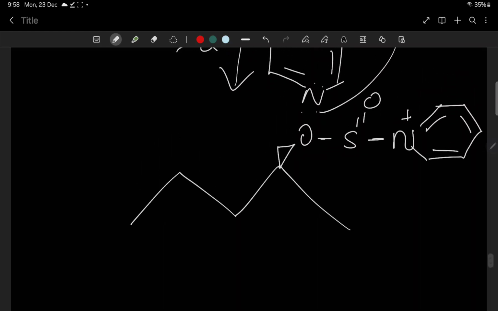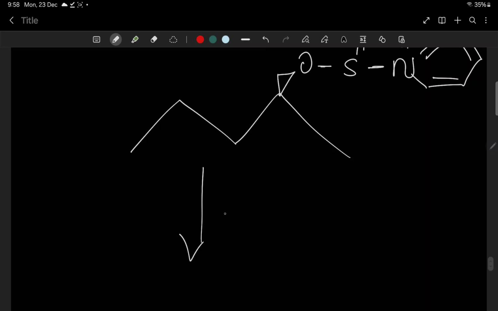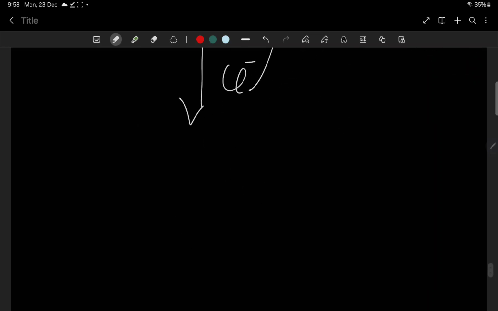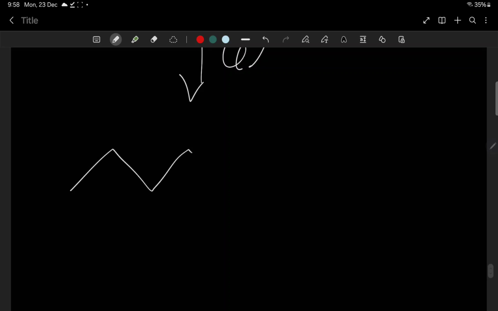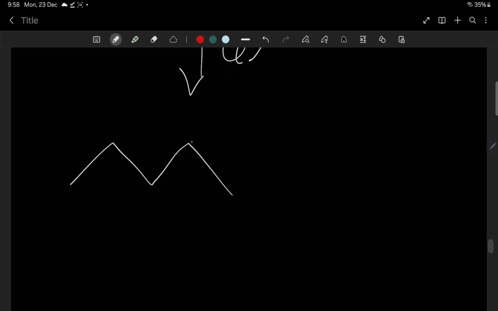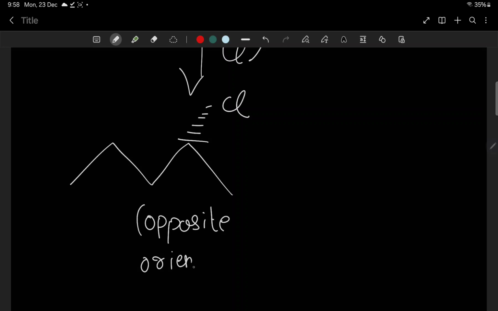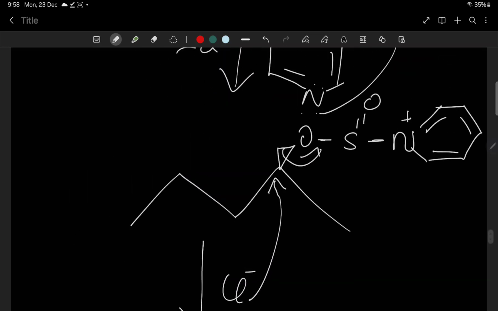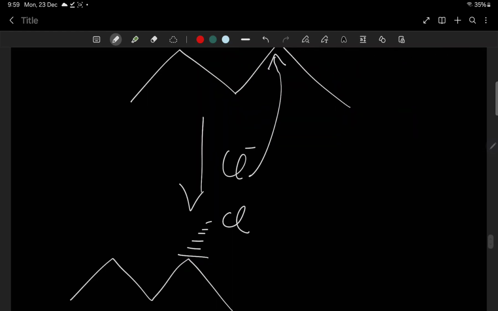Now we have the Cl minus which left before. It will come and attack here, and this oxygen will leave, and we get RCl from the opposite orientation.